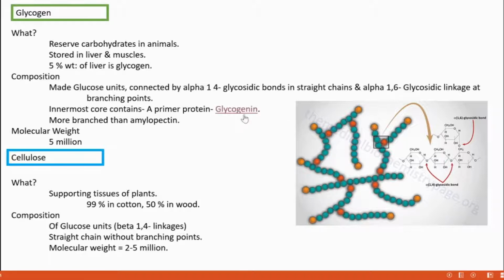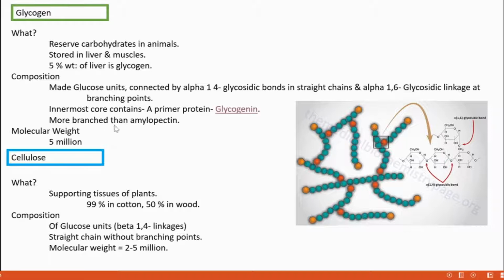So this glycogenin is an enzyme found in the inner core, acting as the initiating unit for the polymerization of glucose units to give glycogen.